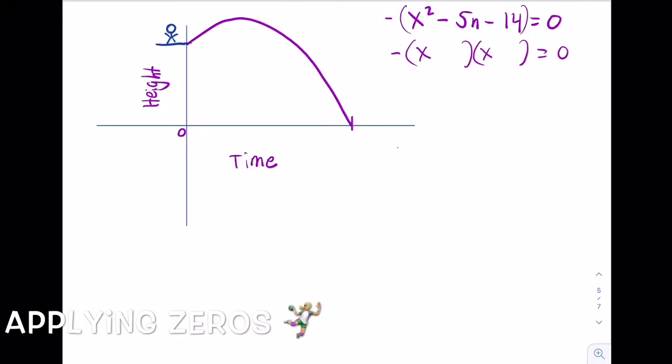So we can do our x. Two factors of 14, 2 and 7. One of them negative, so 2 times -7. So we have 2 and -7, which multiply to -14 and add to -5. So we have +2 and -7.